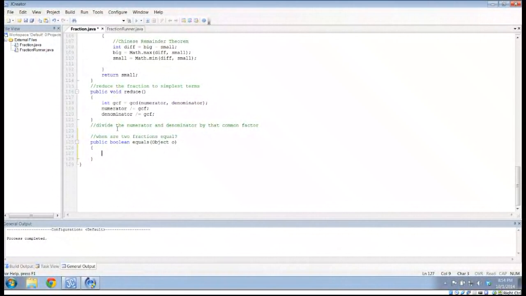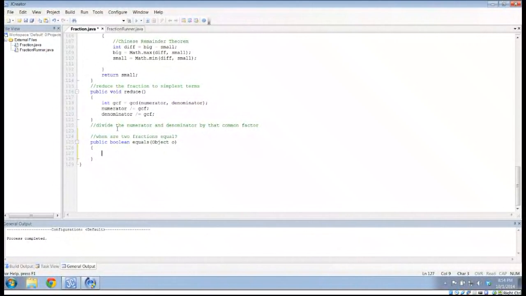But if it really is a fraction, we should be able to cast it as a fraction. If it's not a fraction, then there's no way that it could be equal. And so what we need to do is see, okay, is this thing that we're looking at, this object O, really a fraction?